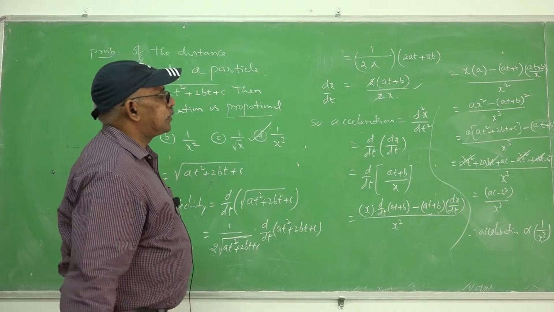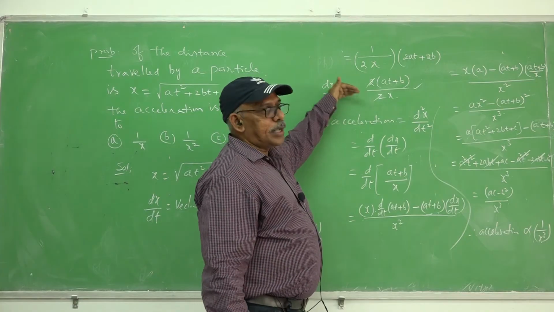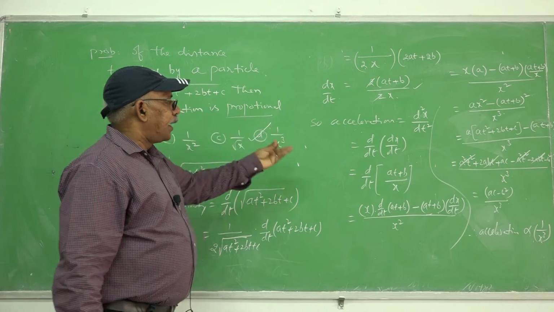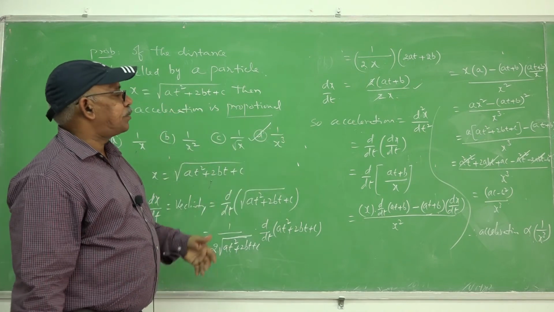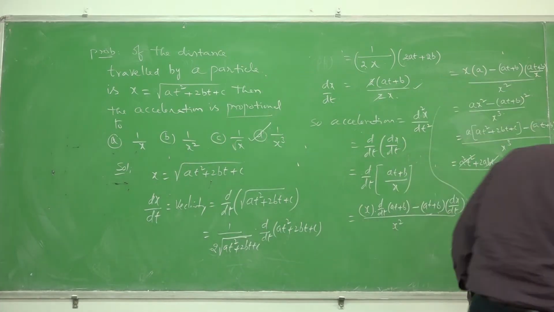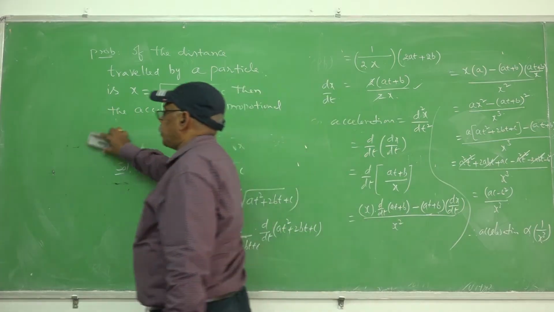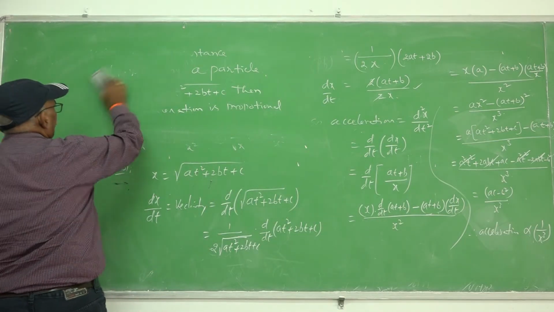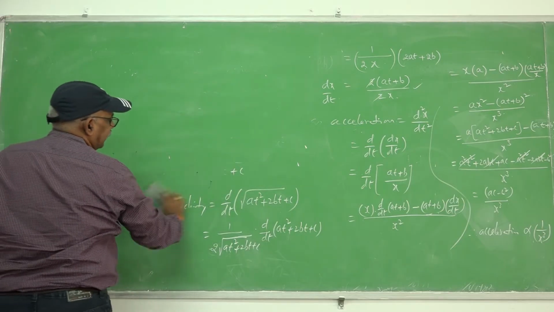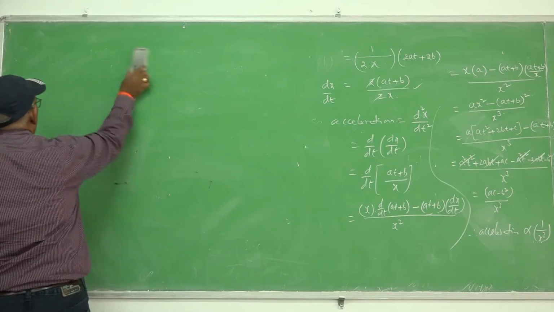Once the distance is given as a function of t, ds by dt or dx by dt, where x stands for distance, gives us velocity, and d square x by dt square gives us acceleration. Here the acceleration is straightaway proportional to 1 by x cube, because it is constant into 1 by x cube. Just find the second derivative of the given function.